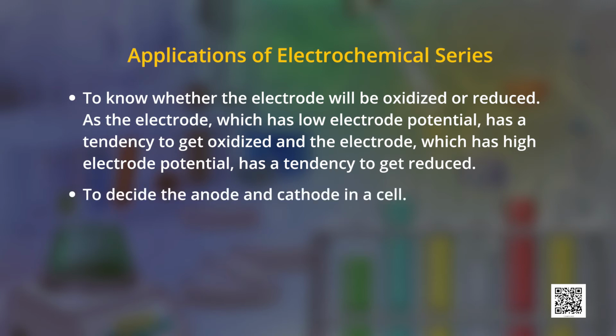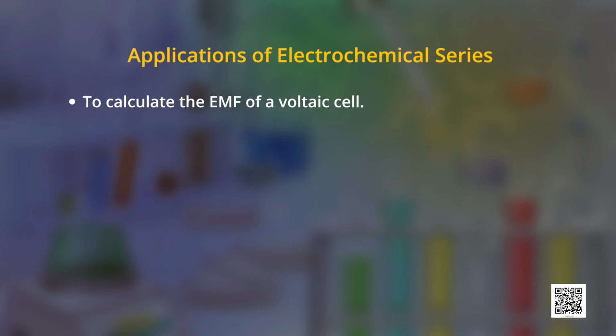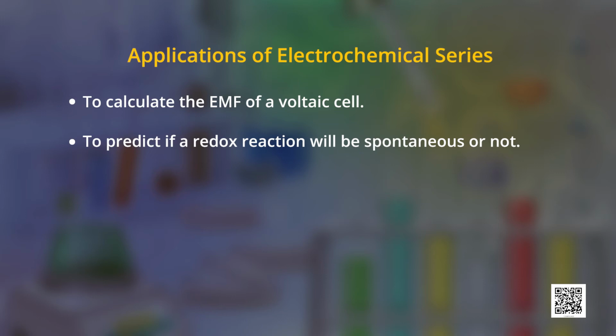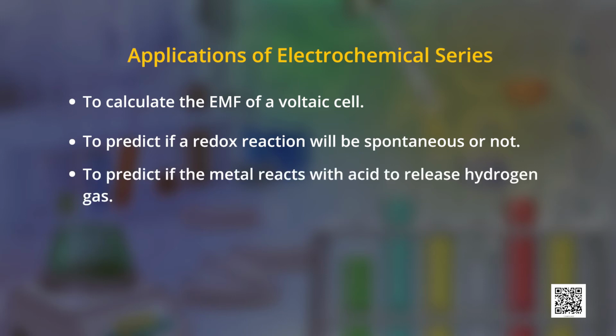To decide the anode and cathode in a cell, to calculate the EMF of a voltaic cell, to predict if a redox reaction will be spontaneous or not, and to predict if the metal reacts with acid to release hydrogen gas. But we also need to find a way to calculate the electrode potential when the concentration of electrolyte is not 1 molar.